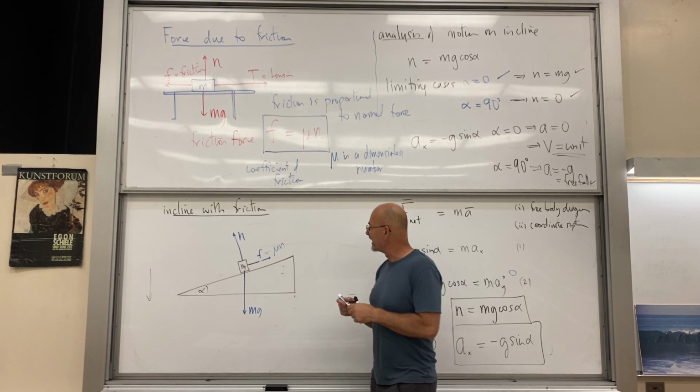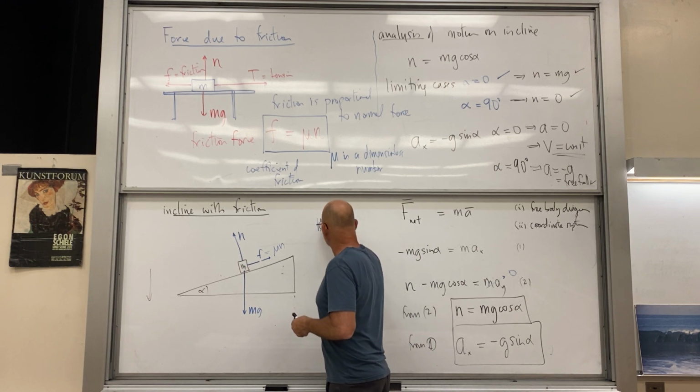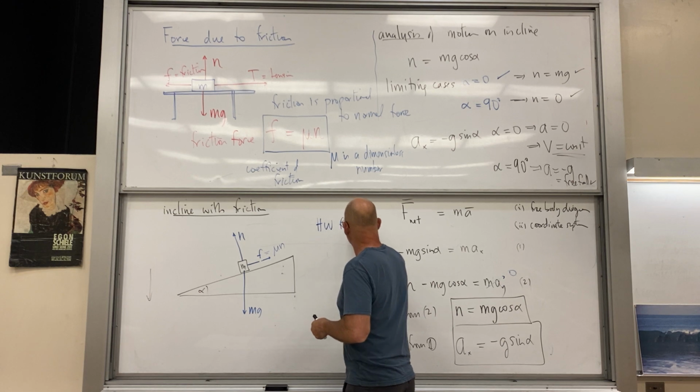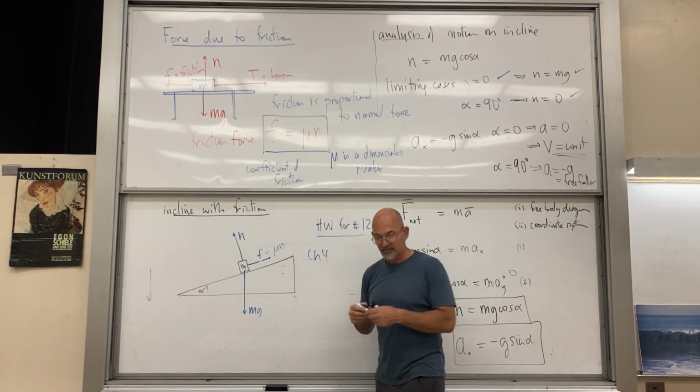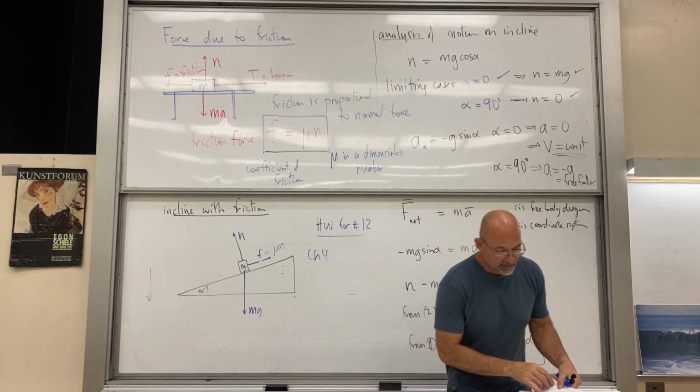Good, I'm going to leave it at that and see if we can come up with homework for lecture number 12. This will be in chapter 4. Should be some good ones.